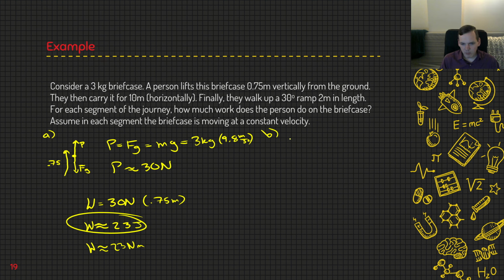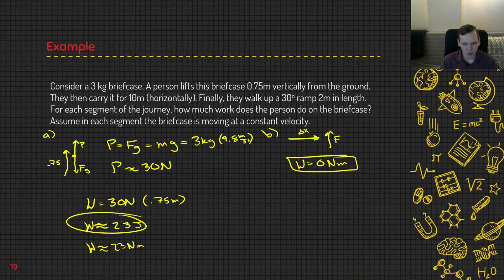Now, in the second part, they're carrying it horizontally, but what is our force vertically? How much of these are parallel to each other? Nothing. So in the second case, the work equals 0 Newton meters. It requires no work to move something horizontally at a constant speed, if it's a constant force and there's no resistive force that you're overcoming.